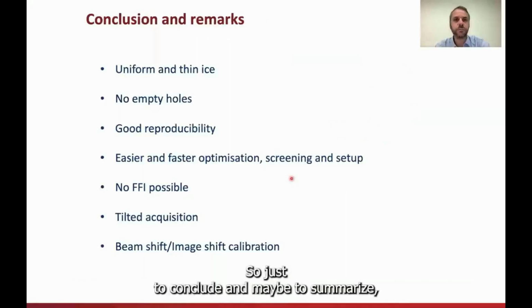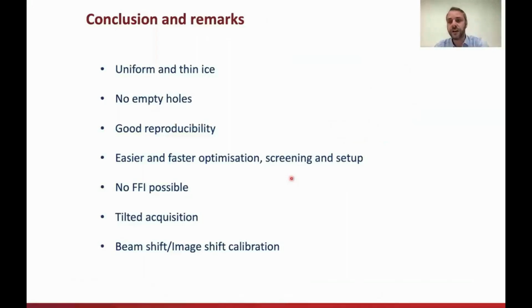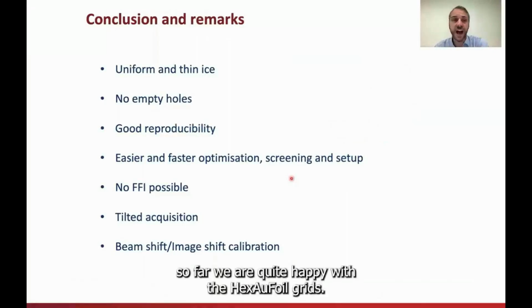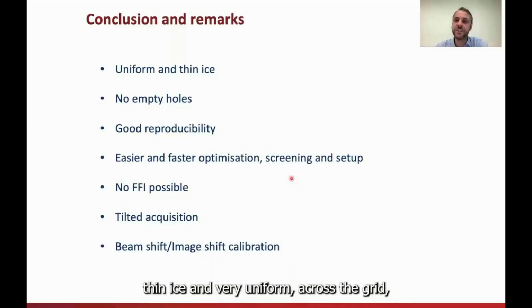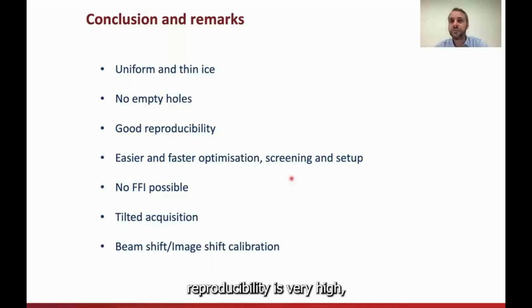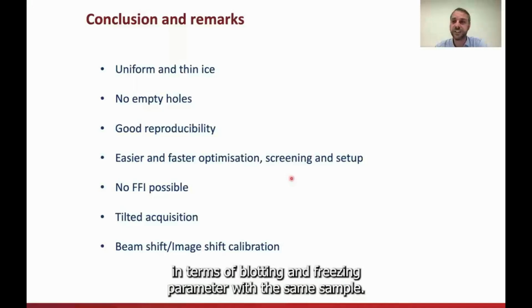So just to conclude and maybe to summarize, so far we are quite happy with the Hexafoil grid. They tend to give extremely thin ice and very uniform across the grid. We hardly see any empty holes. Reproducibility is very high in terms of blotting and freezing parameters with the same sample.